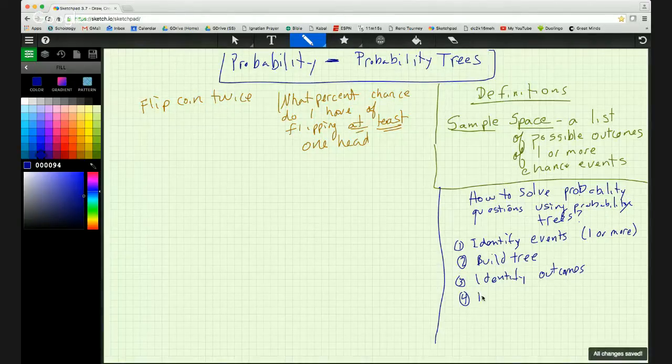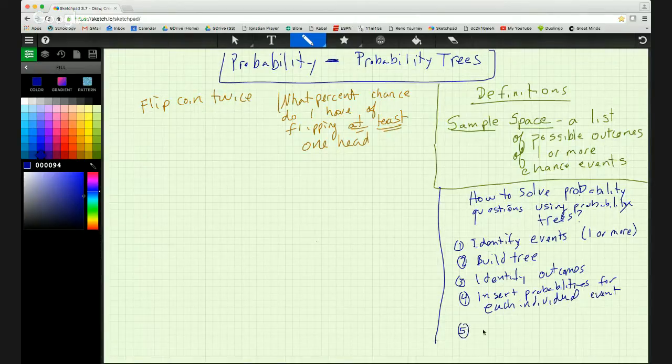Four, we'll insert probabilities for each individual event. And then five, we're going to calculate the probability of each outcome.